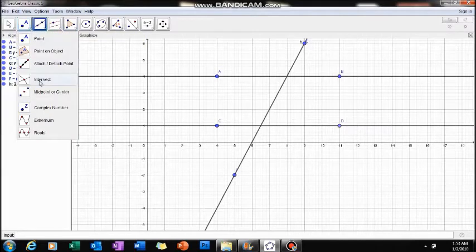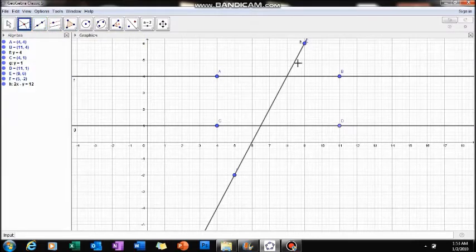Then they intersect. Okay. It is the two parallel lines that intersect with the transversal line.